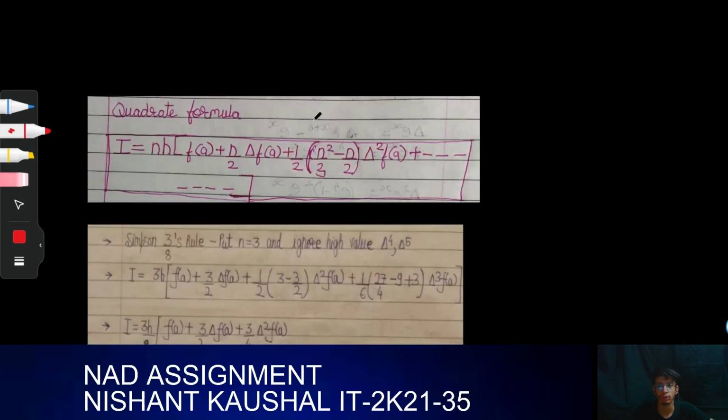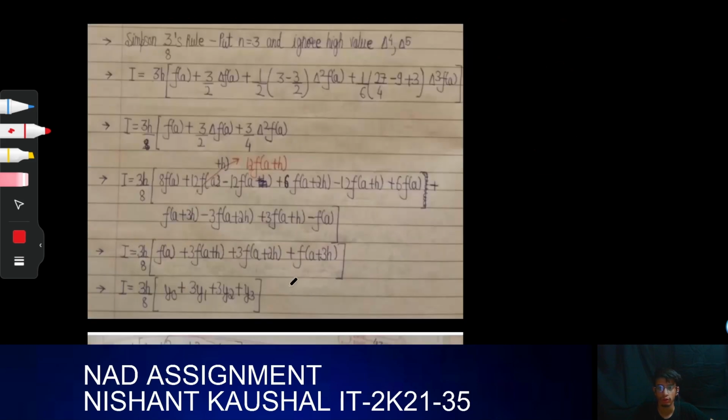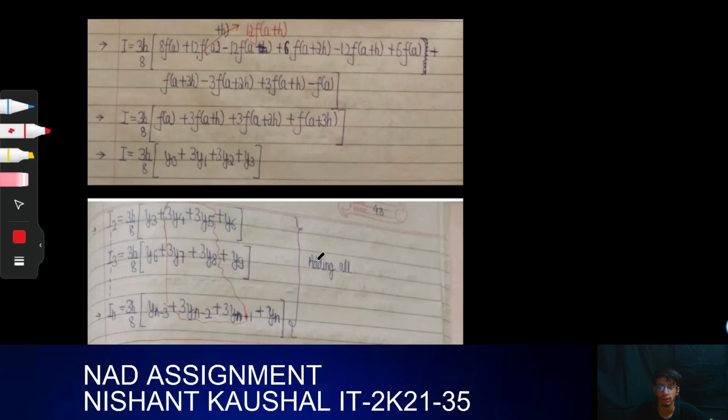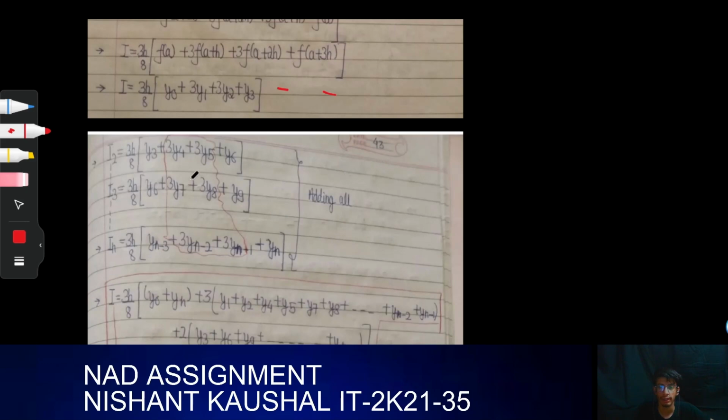When we want Simpson 3/8 from the quadrature formula, we put n equals 3 to generate this formula. So it will be 3h f(a) plus 3 by 2 del f(a) plus 3 minus 3 by 2, and if we solve this, we will get this formula: 3h by 8 (y0 plus 3y1 plus 3y2 plus y3), and for more terms it will be like this.